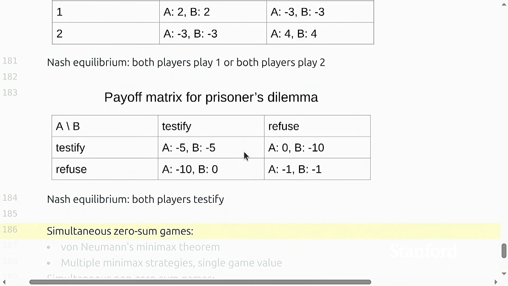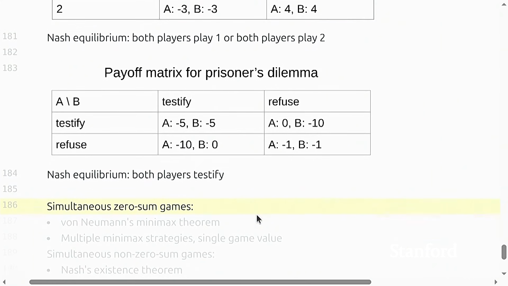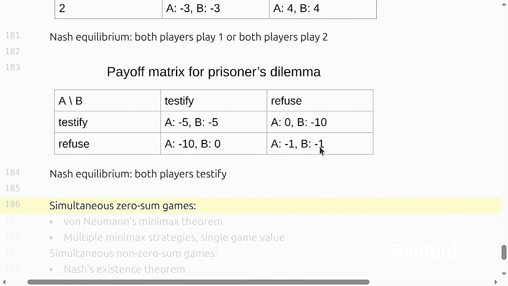So the point here is that both refusing is not a Nash equilibrium, because if you're in this state, both A and B are going to want to testify and get out for free. So this is not stable. And of course, if you're here, then that's also not stable because B is going to try to move here. Okay, so this is the only stable point.